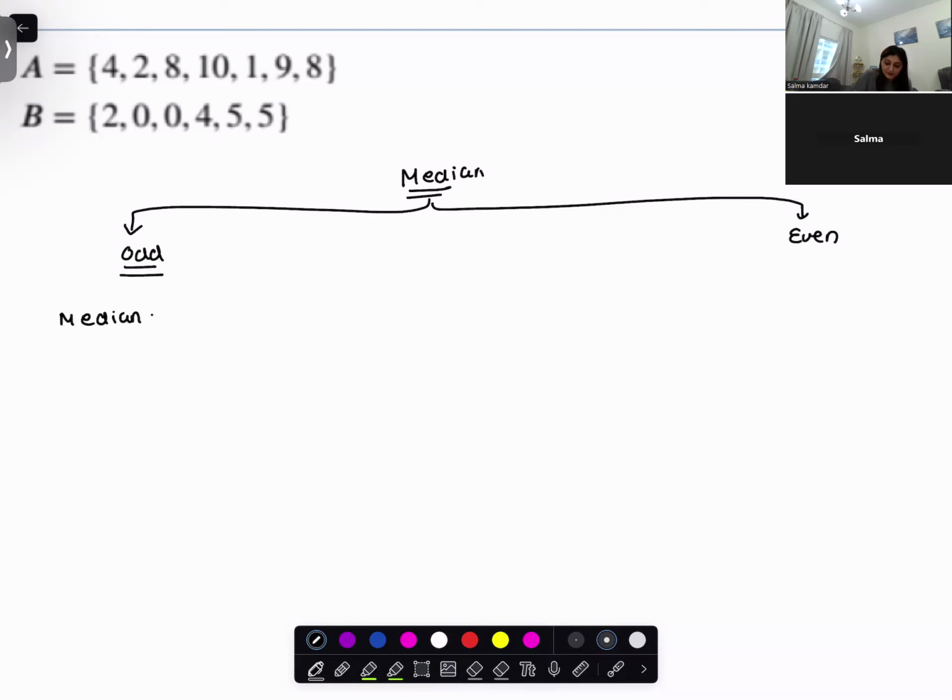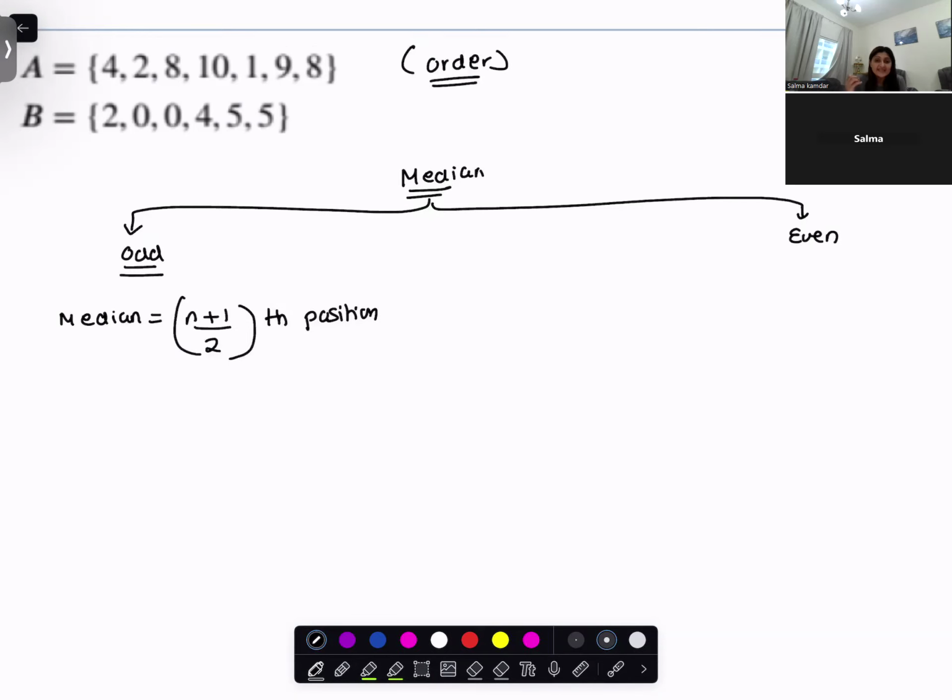Your median would be the value of the (n plus 1) divided by 2th position. I write th because I need the value of the position when it is arranged in a proper order. So whatever is the value of that position, I would write it.